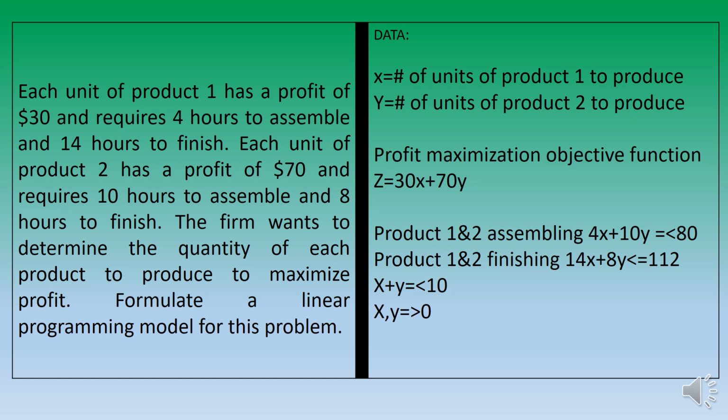Now let's talk about x plus y less than or equal to 10. How did we get it? Each unit of product 2 has a profit of 70 and requires 10 hours to assemble and 8 hours to finish. The firm wants to determine the quantity of each product to produce to maximize profit.